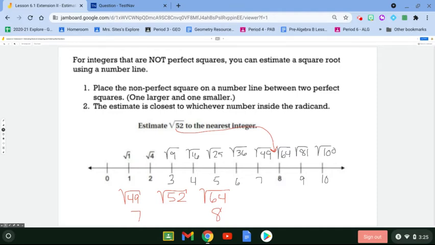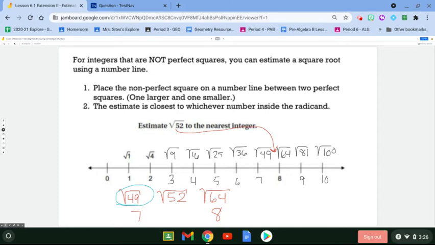Is 52 closer to 49, or is 52 closer to 64? Remember, 52 is closer to 49 because it's only 3 places away. Whenever we're talking about distance, 52 is much further away from 64. It's 3 spaces away to get to 49 as opposed to 12 spaces away to get to 64.